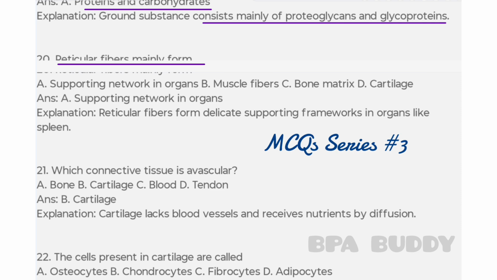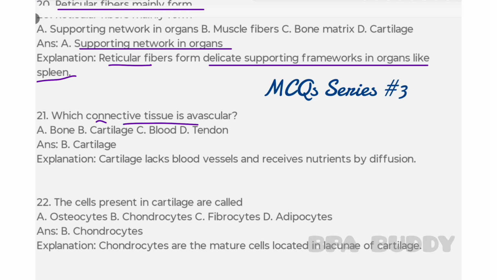Reticular fibers form a delicate supporting framework in organs like the spleen. Which connective tissue is avascular? Cartilage. It lacks blood vessels and receives nutrients by diffusion.